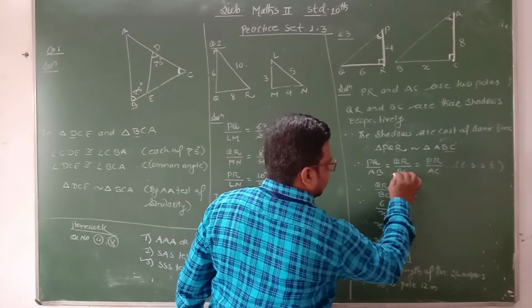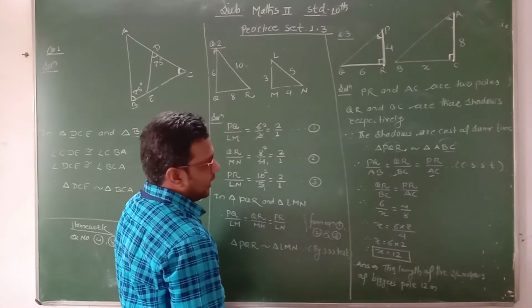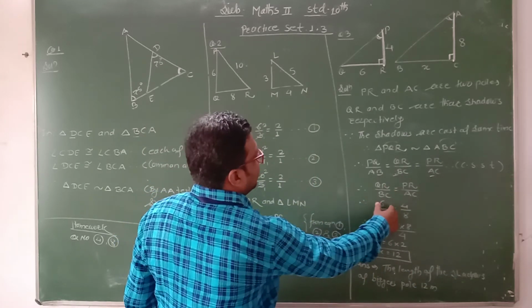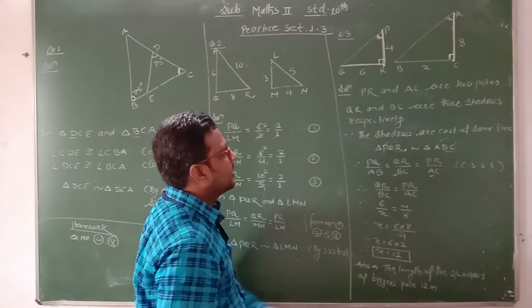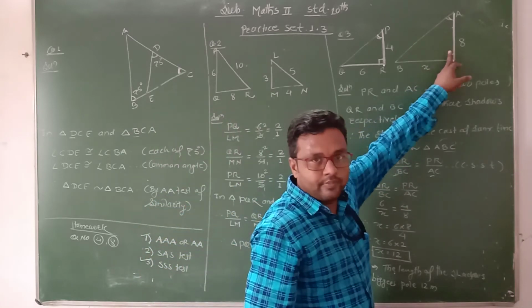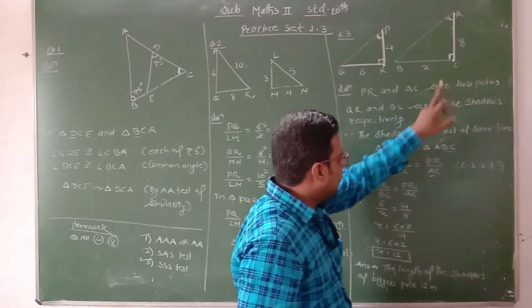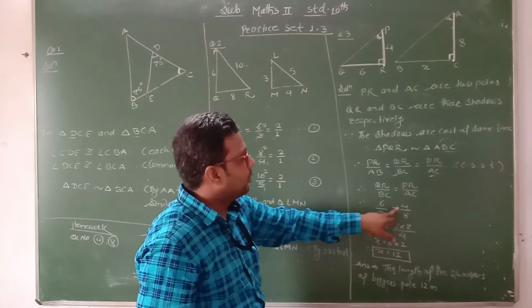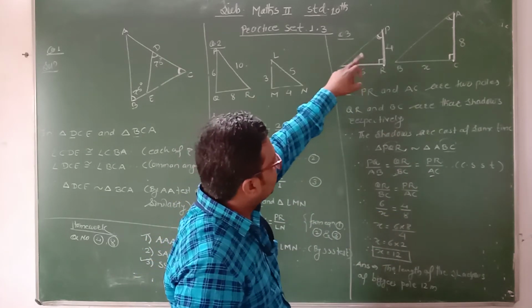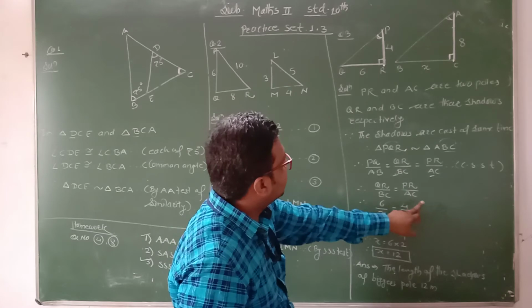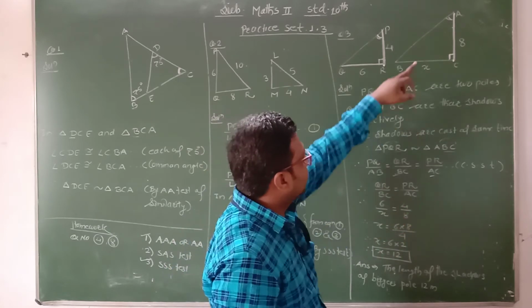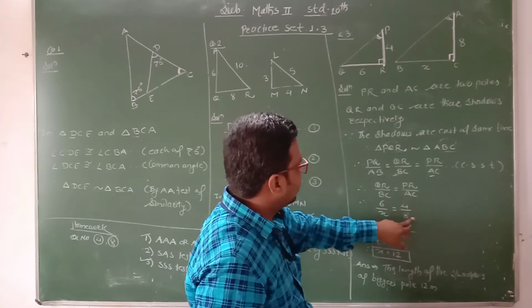Here we take this second and third ratio. The value of QR is given 6. The value of BC, the shadow of the bigger pole, is what we have to find out. Here we take it as X, and we write X is equal to PR, given 4, upon AC, the height of the bigger pole, given 8 meter.